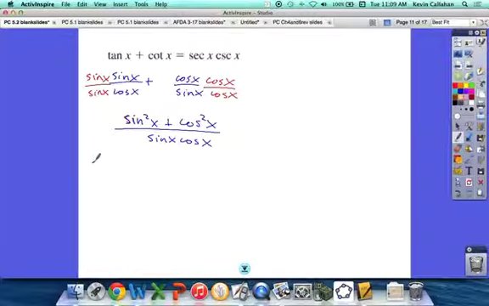Is that getting us there? What's the next absolute must-do substitution? Sine squared plus cosine squared equals 1. So you just substitute for the numerator: 1 over sine x cosine x. Okay, well, we need it to look like secant x cosecant x. Are we there? Yeah, 1 over sine is cosecant. 1 over cosine is secant.